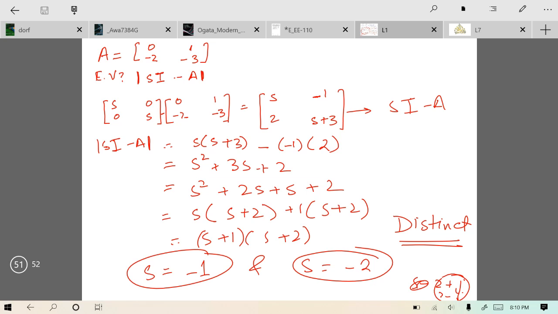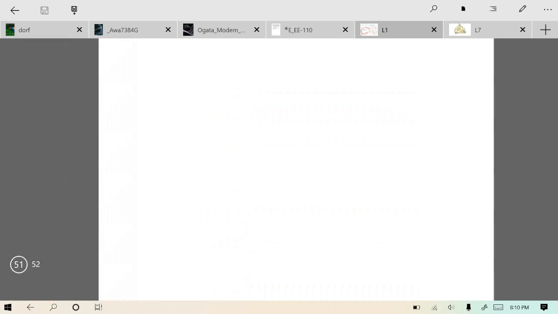Now I want to find our matrix Q. As this is a 2 by 2 matrix with two eigenvalues, I should know that my Q matrix would be in the form of Q11, Q12, Q21, Q22.